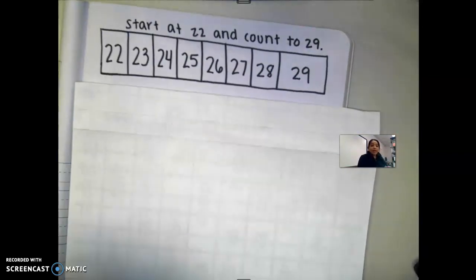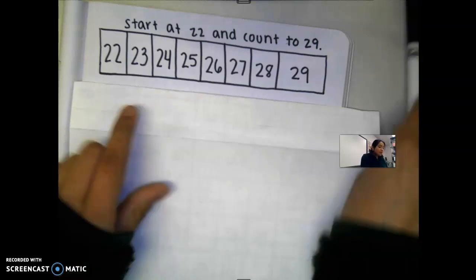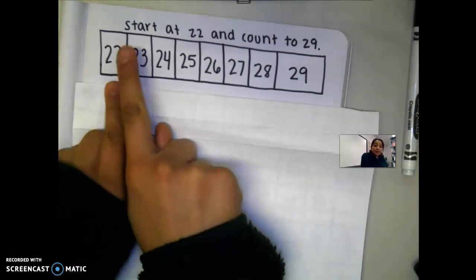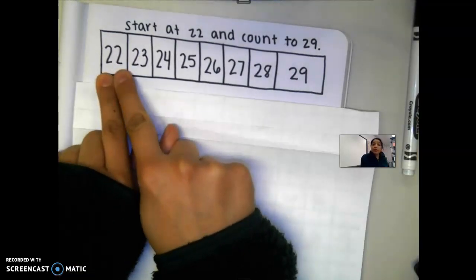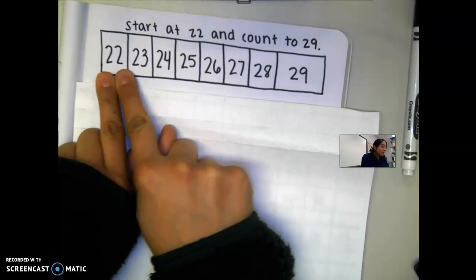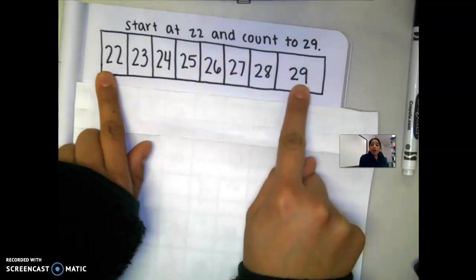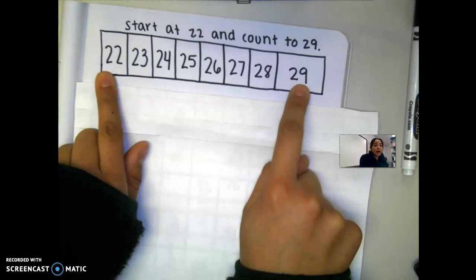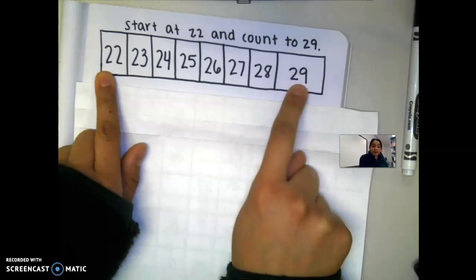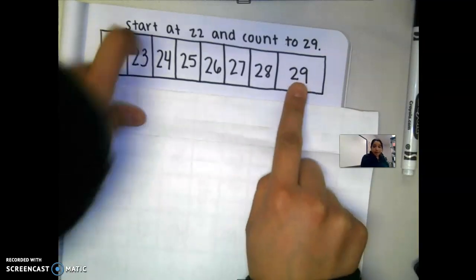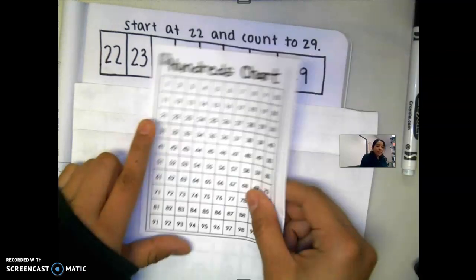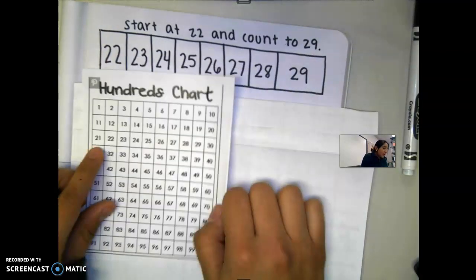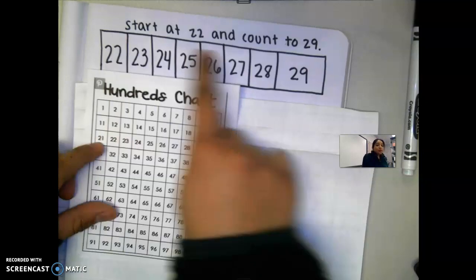29. So I need to check for 2 things. I need to make sure that I started at 22, which I did. I had the given number, and I counted all the way to 29. So I do have 29 as my last number, so I did count to 29. But I'm going to go ahead and check my hundreds chart to make sure that I counted correctly.